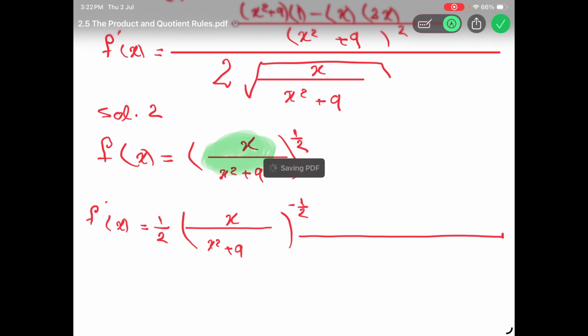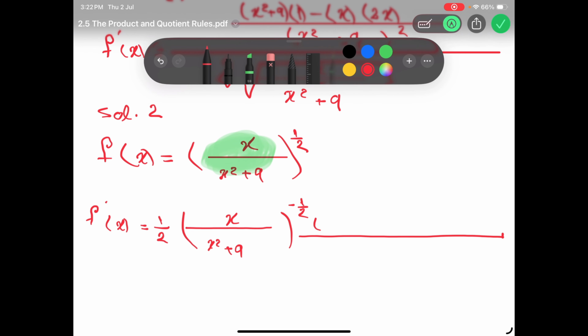What is the derivative of the inside function? I will take the denominator to the top, so x squared plus 9 times 1, minus, keep the top as it is, differentiate the bottom, 2x, divided by (x squared plus 9) to the power of 2.